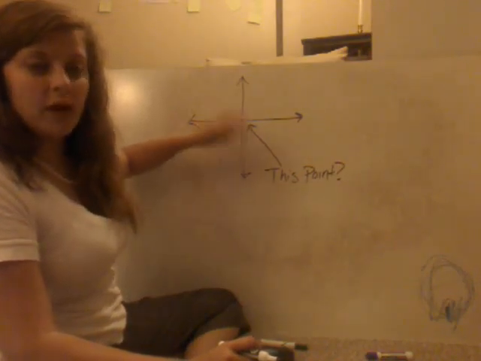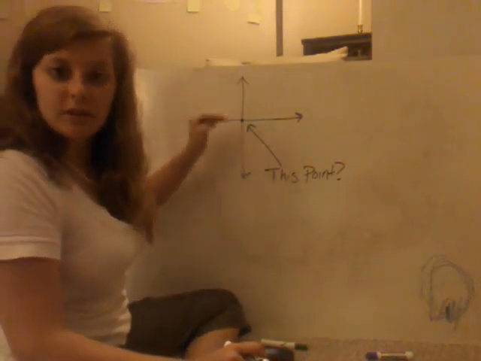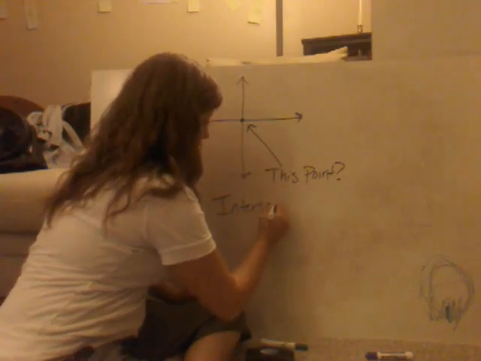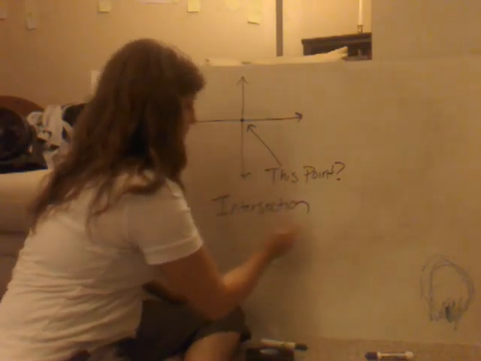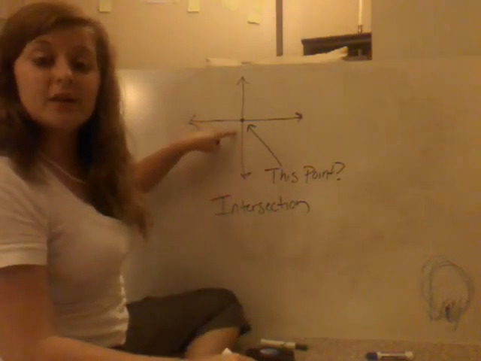This is two random lines out in the middle of nowhere that are crossing, not in a specific direction or anything like that. It's just two lines crossing, which is always called an intersection. Alright, so this point, I want you to tell me is an intersection.